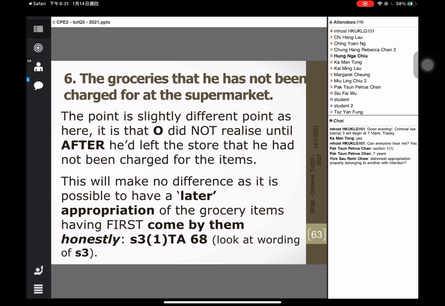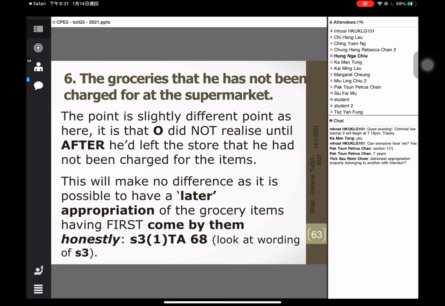So at the time, there might be appropriation, but there aren't the other elements of theft. So appropriation of property belonging to someone else, but at that stage he's not dishonest. He doesn't intend to permanently deprive the owner of the property. But later he does become dishonest, and the other elements are perhaps there.